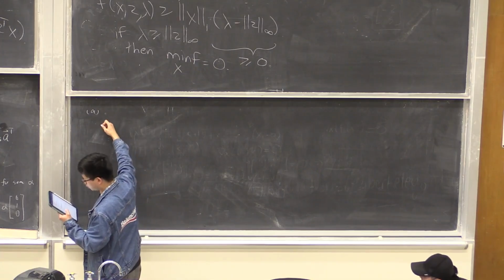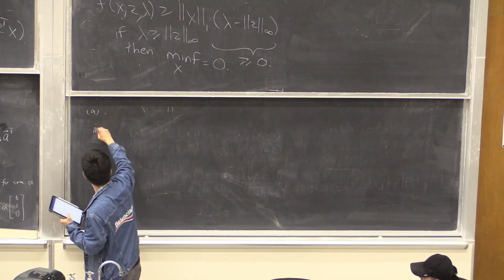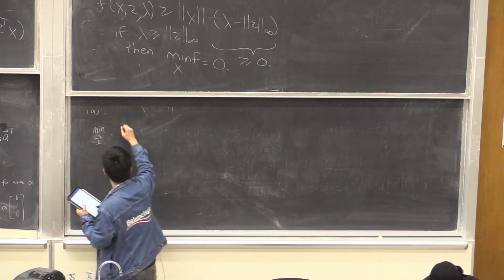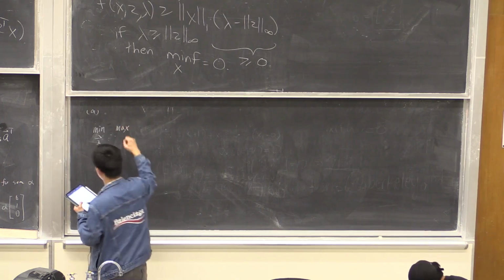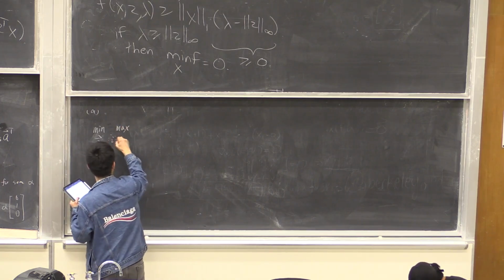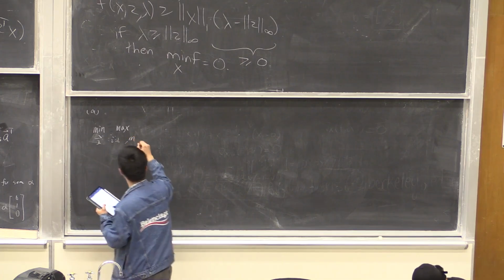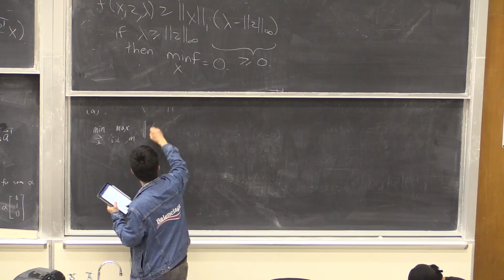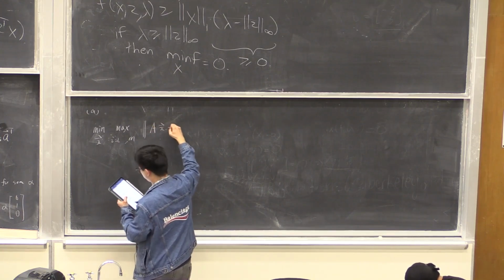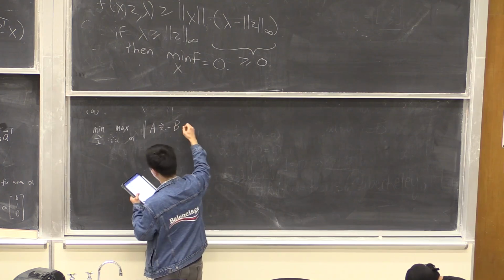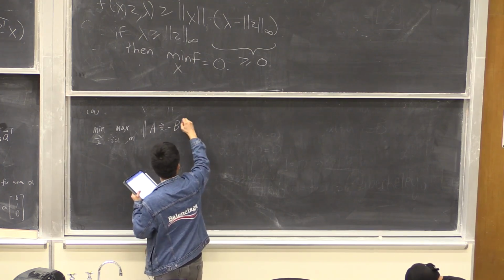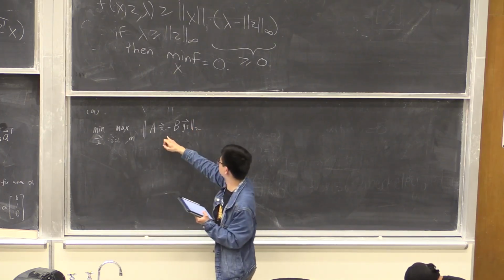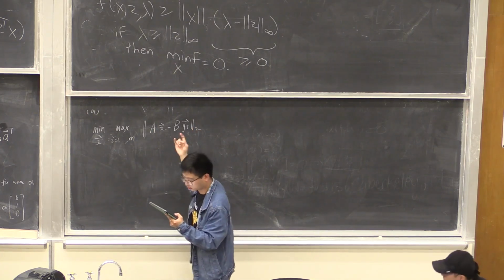Okay, so the original optimization problem is the minimum over x of the maximum over i from 1 to m of the 2 norm of the vector Ax minus b y_i.